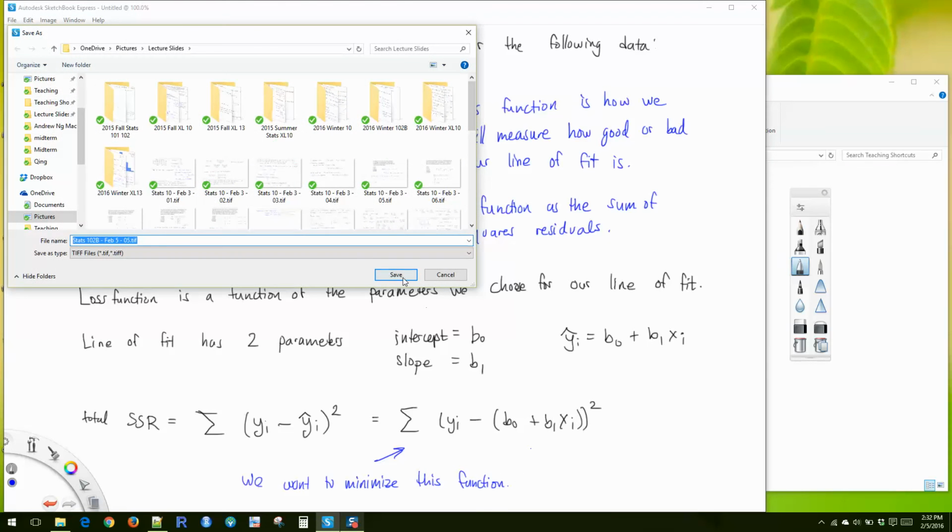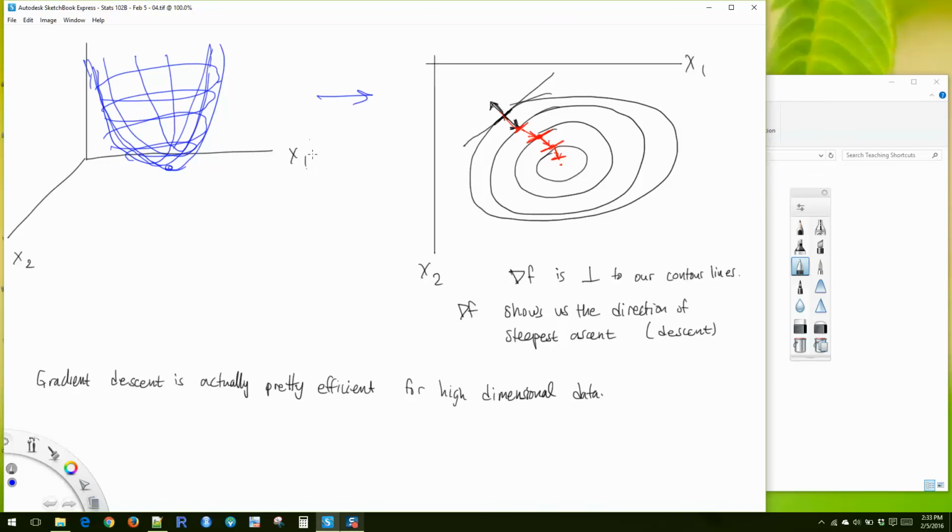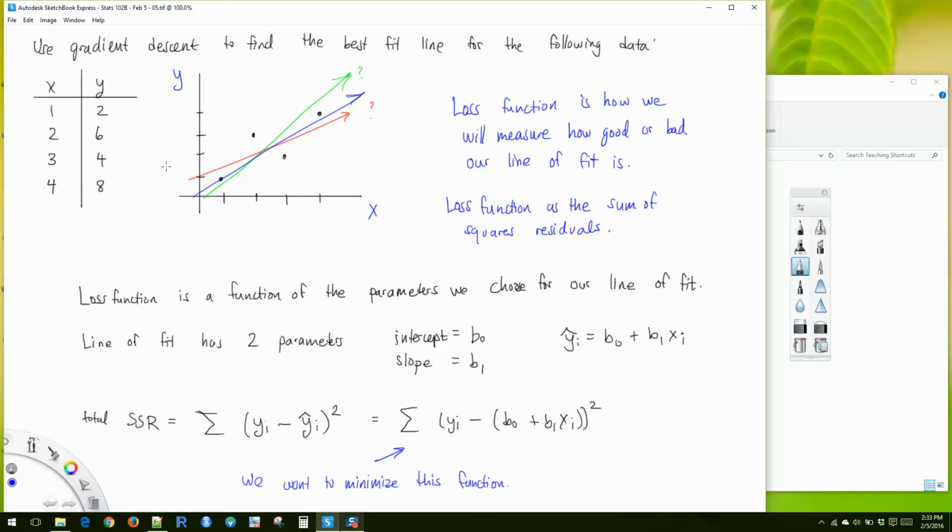This is a function of two parameters, B0 and B1, so you can think of this as B0 and B1 with some kind of three-dimensional surface, and we're trying to minimize this two-dimensional function. The yi's and xi's are defined in our data, so we are not adjusting yi or xi, they are fixed as part of our data. What we are adjusting is B0 and B1.